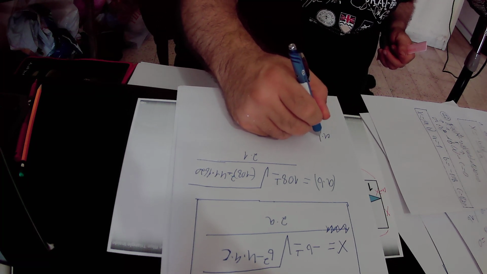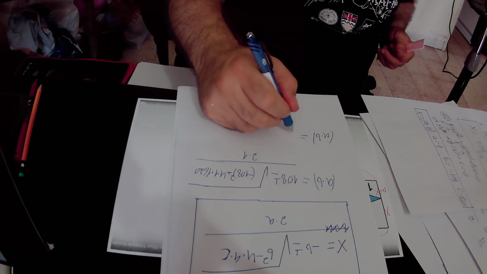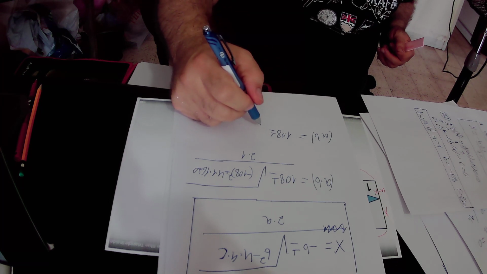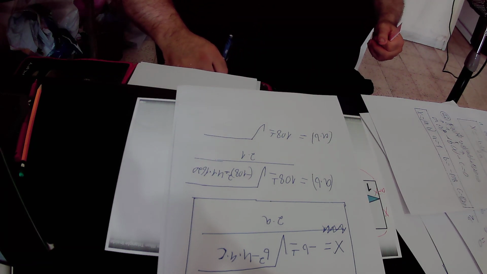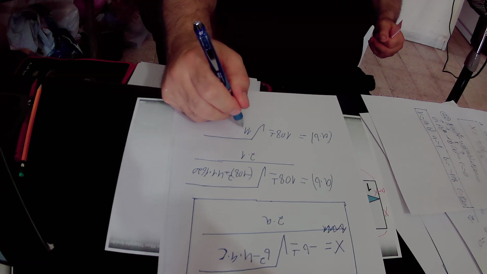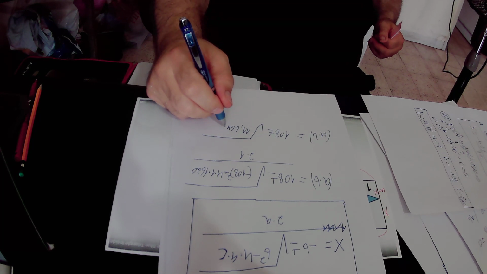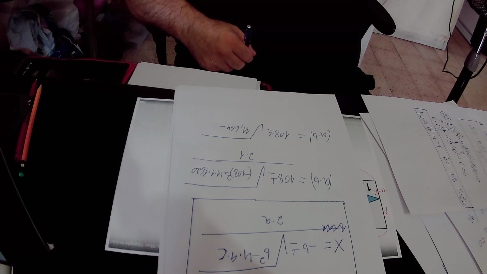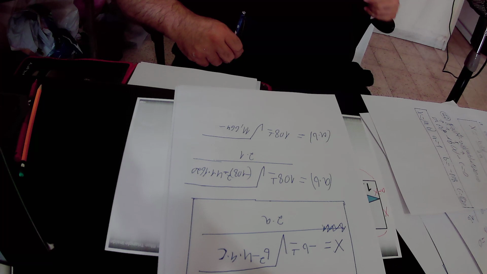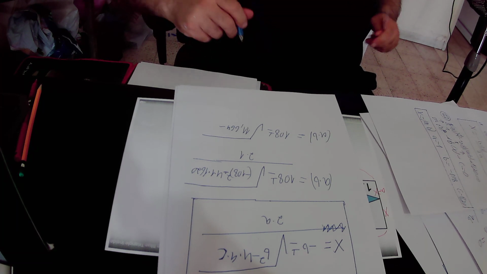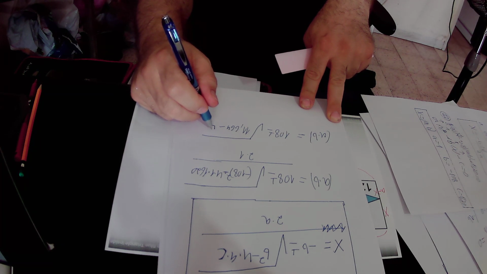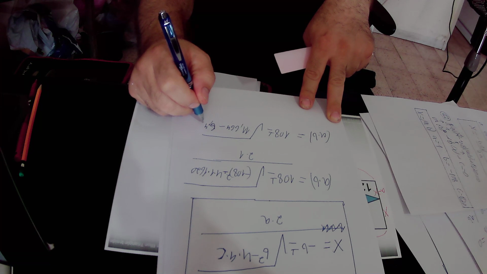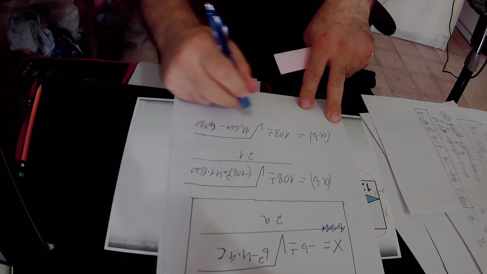So a times b equals 108 plus or minus the root of 108 squared, which is 11,664, minus 4 times 1620, which equals 6,480, all divided by 2.